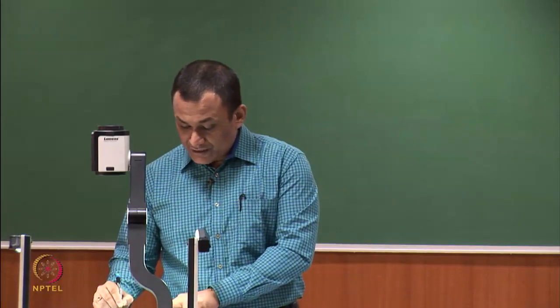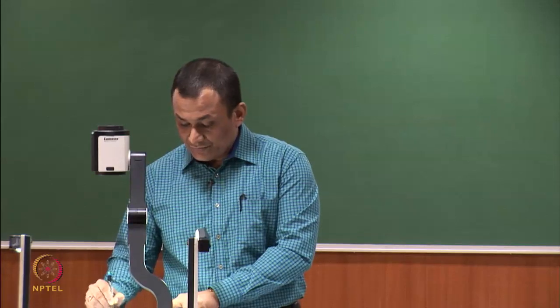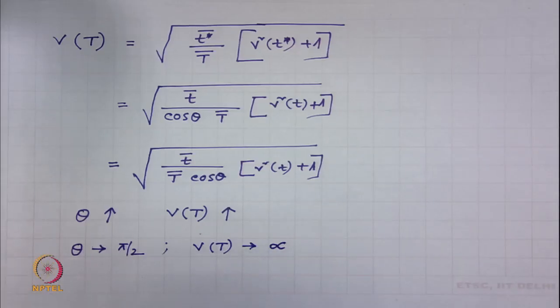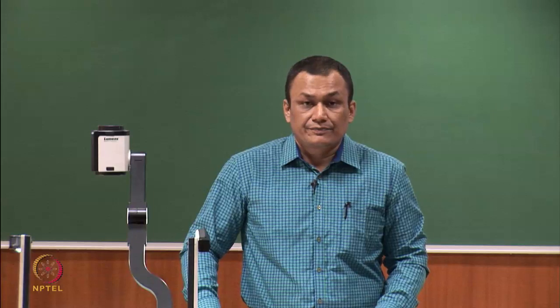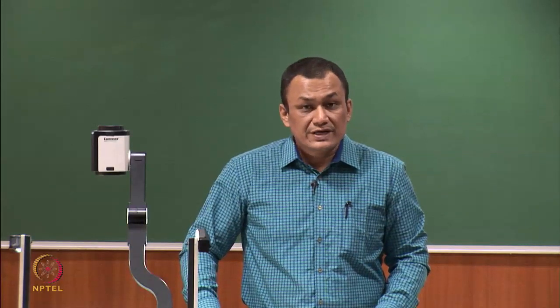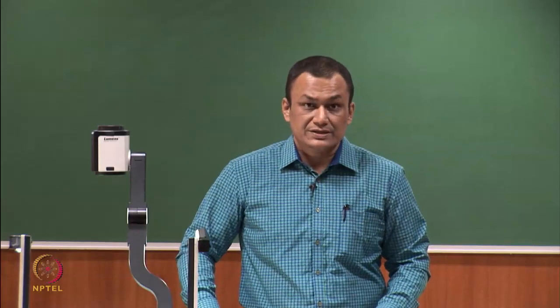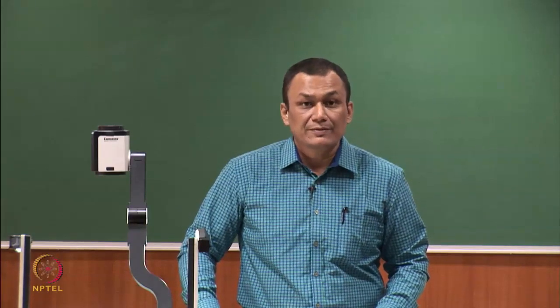So, V t tends to infinity. So, the mass irregularity of the sliver theoretically tends to infinity when the angle of inclination tends to pi by 2.